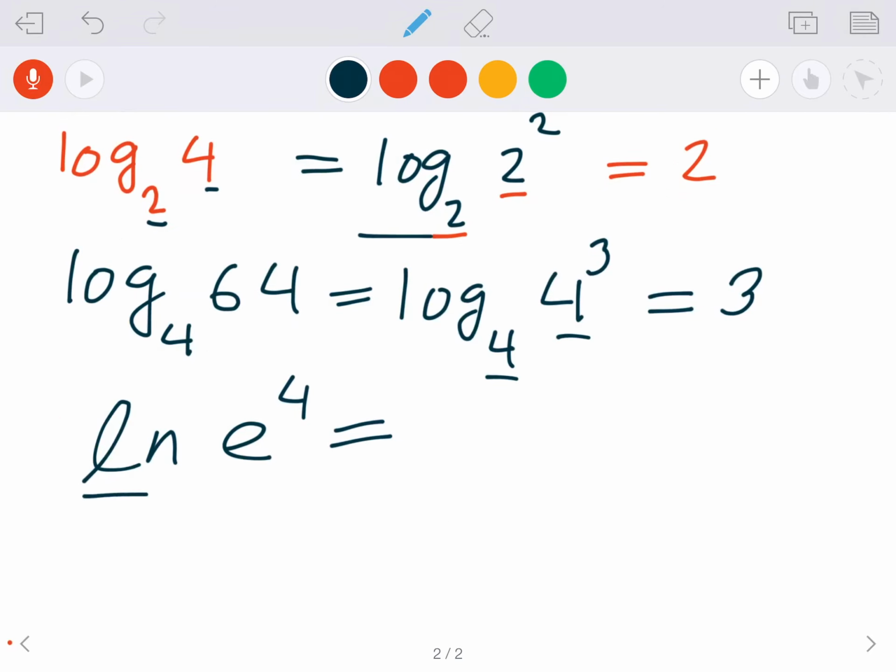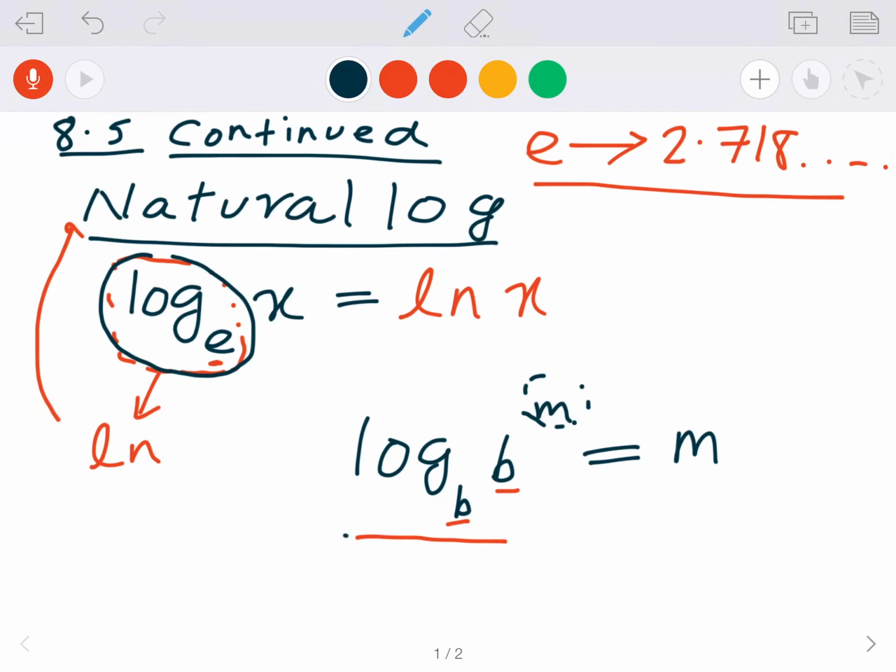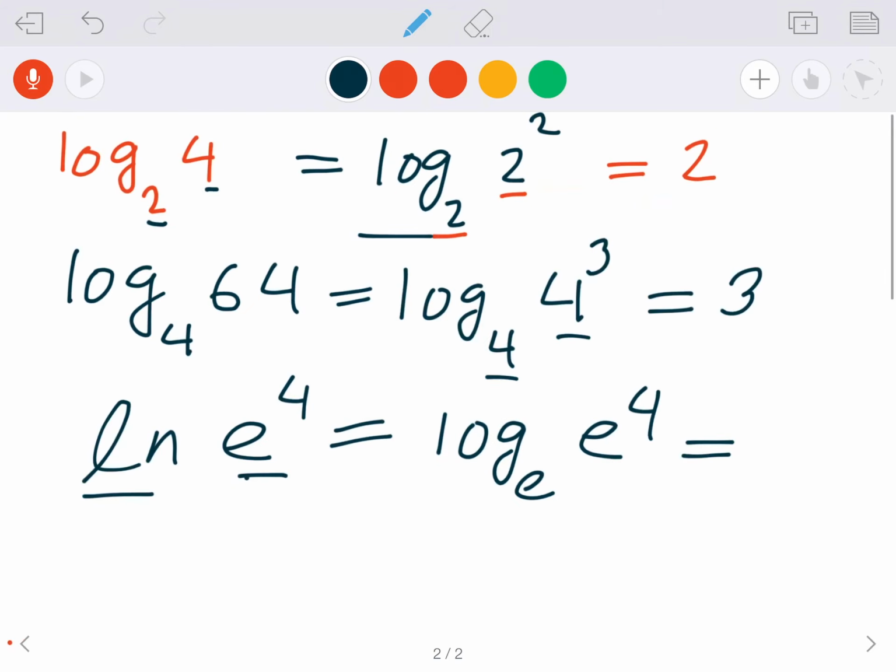So we can replace this ln by log base e, and we still have e to the power 4. Using this property, if we have these two the same, the answer is the power. We have e and e, so the answer is 4.